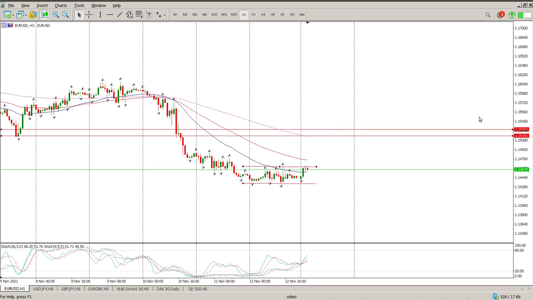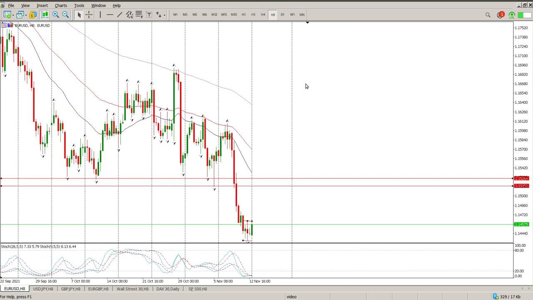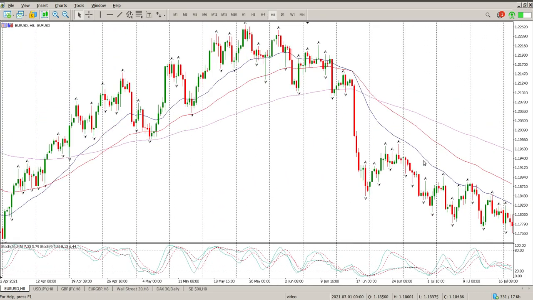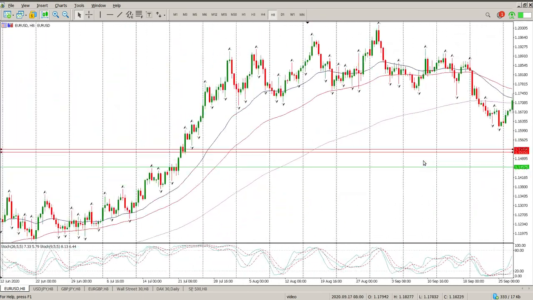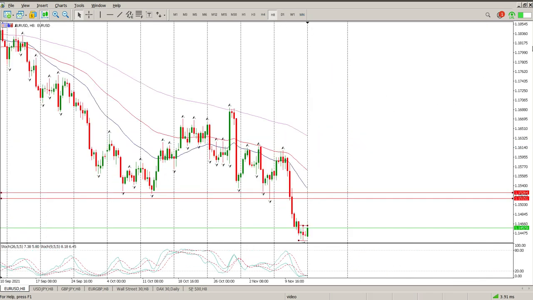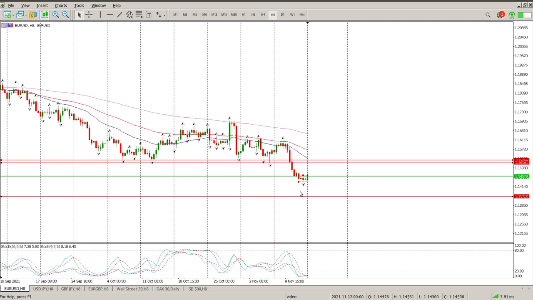I'd expect us to start looking for some moves to the downside, and to be quite honest, I think you'd probably just start with the height of the range. You can see that pretty much where we are at the moment, and there's quite a bit of structure here, so you're probably looking in that area there. That would be in the region of 113.723.